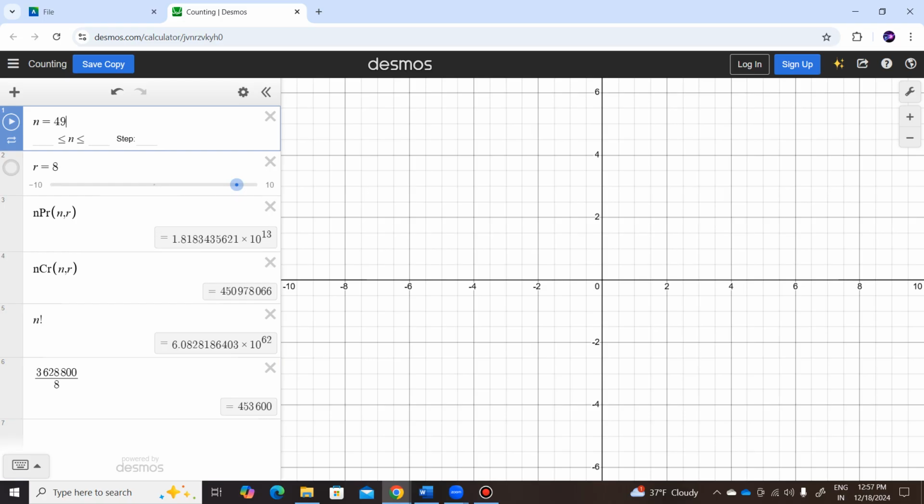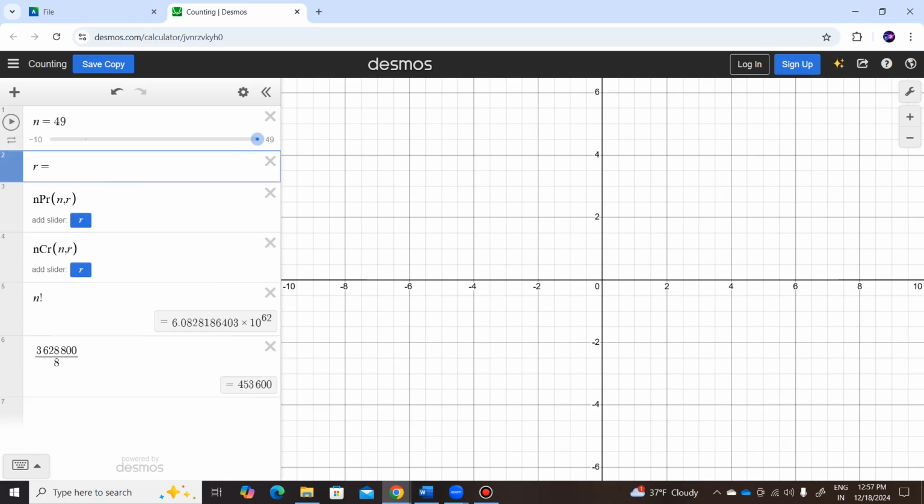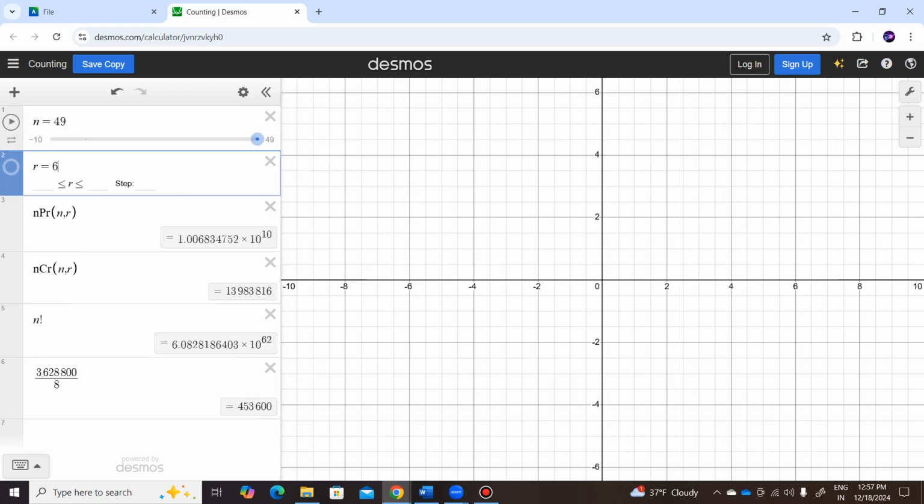N is 49, R is 6. And so notice the permutation is really high. I mean, this is 10 to the 10th, so that's about 10 billion there. The number of combinations, though, is 13,983,816.